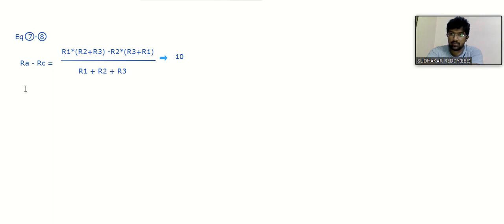So now I'm adding equations 9 and 10. The ninth equation is RC plus RA, but the 10th equation is RA minus RC. So RC gets cancelled. Then you will get 2 RA. It's very, very important. You will get finally 2 RA.